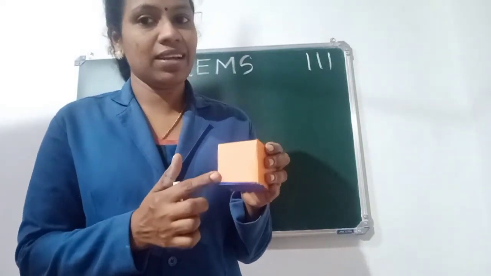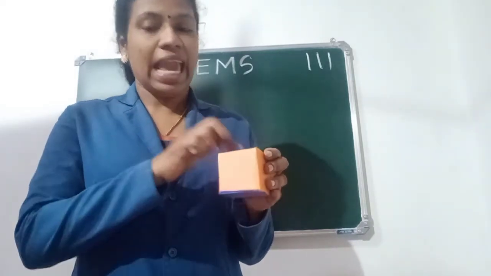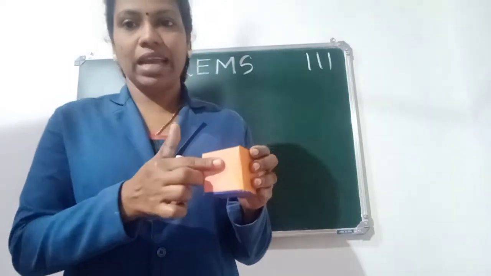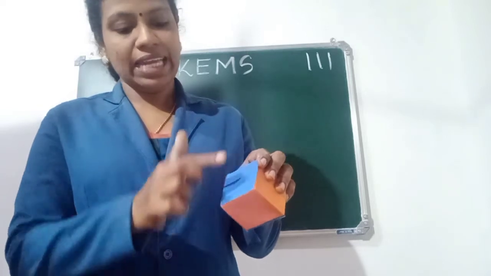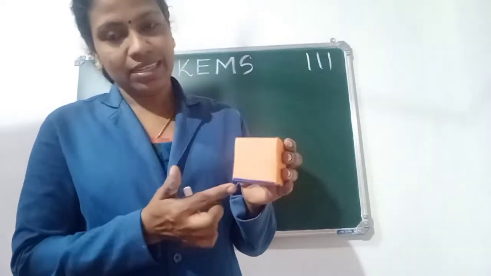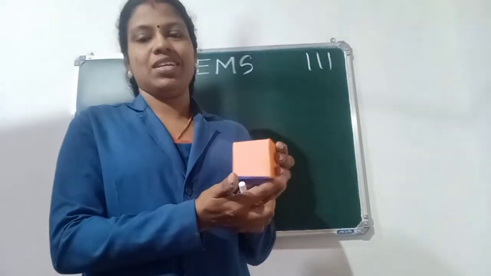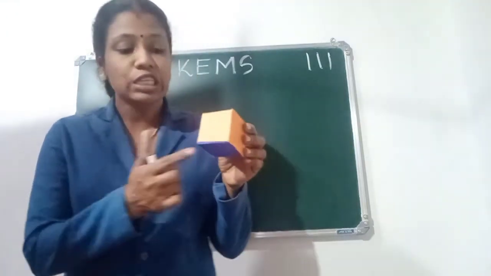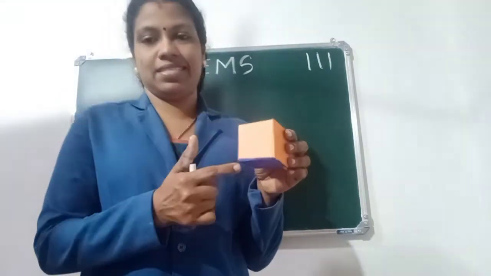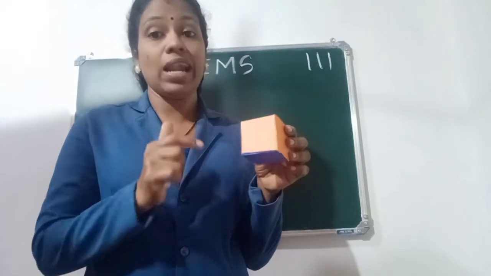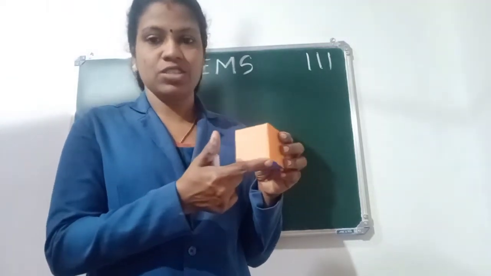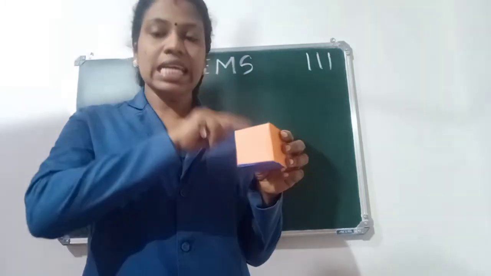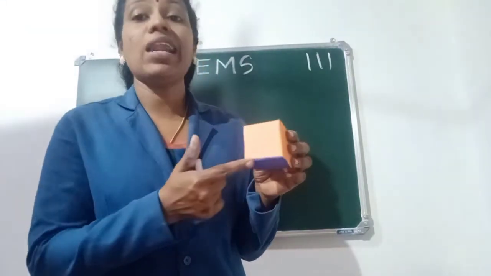So total 8, 4 plus 4 is 8. Then here also 9, 10, then 11, 12. So a cube has 12 edges. This is known as an edge. So total 6 faces, 12 edges.